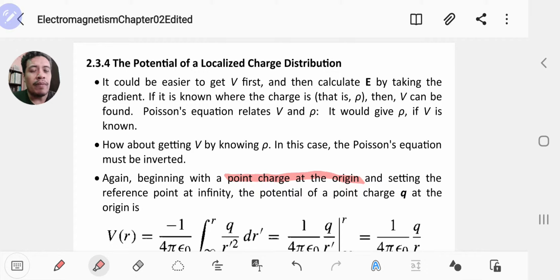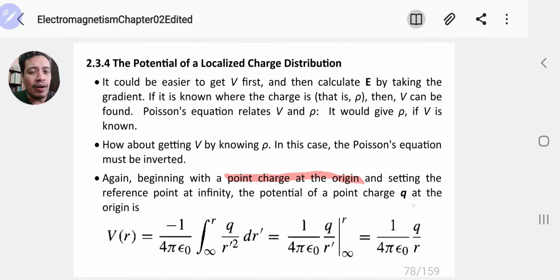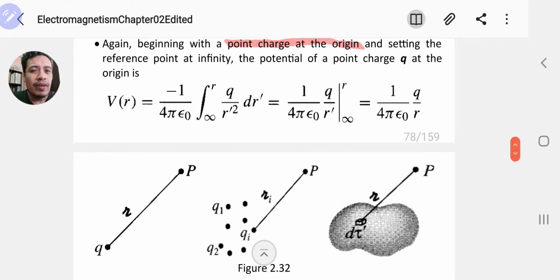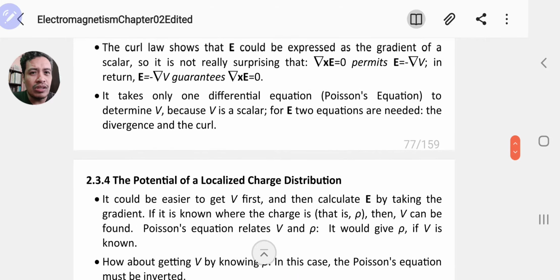So in this case, you have this expression here.